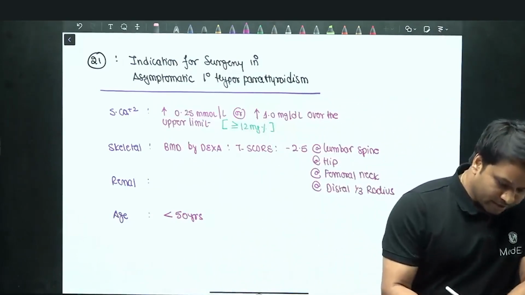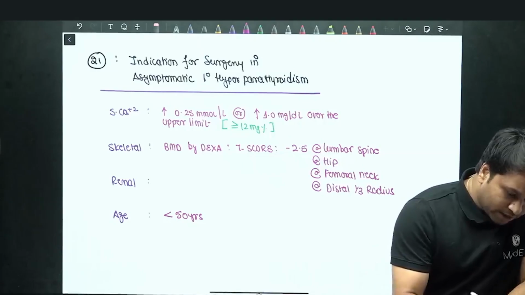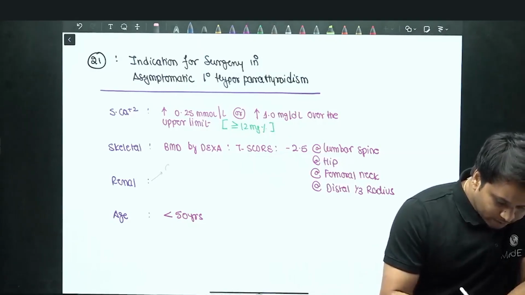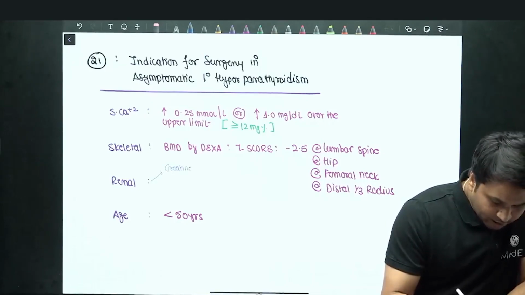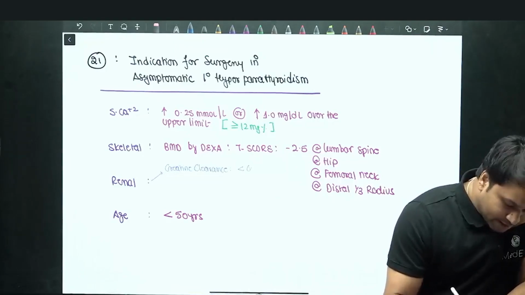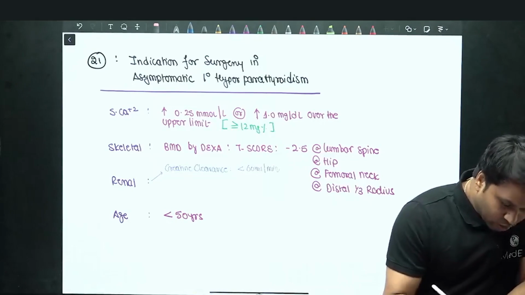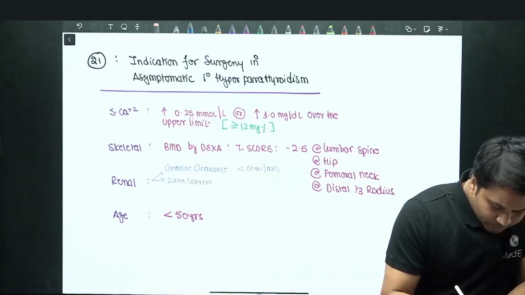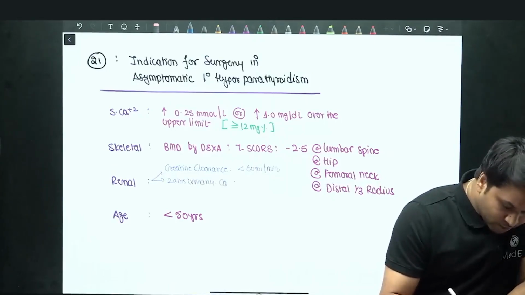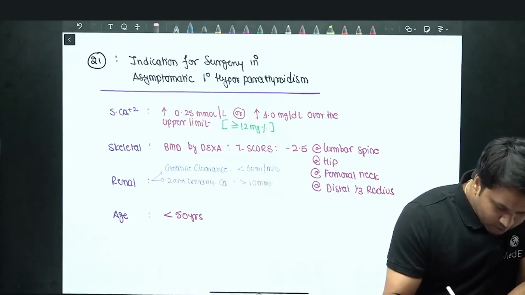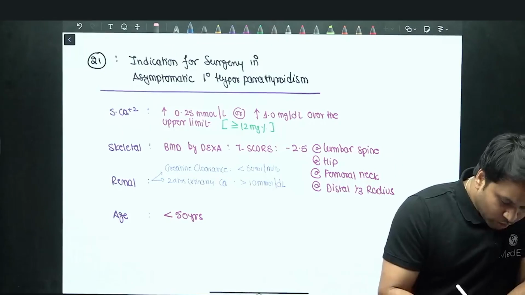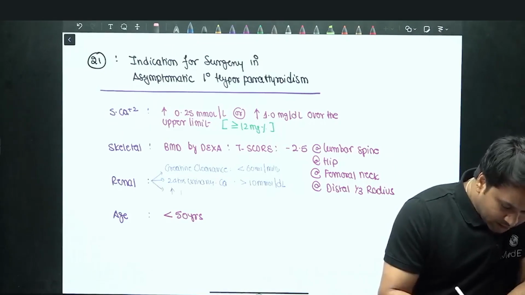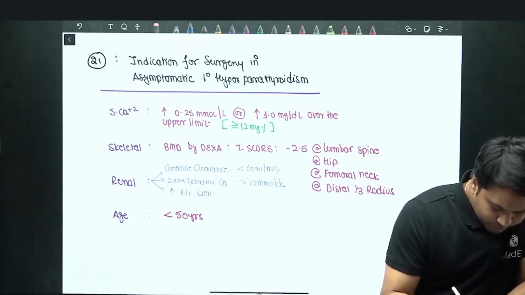In renal parameters, I will see 2 important components. One, we will look at creatinine clearance, which is called CC. Now, if the creatinine clearance is less than 60 ml per minute, or if the 24 hours urinary calcium is more than 10 millimoles per deciliter, or if there is increased risk for stone formation, right?